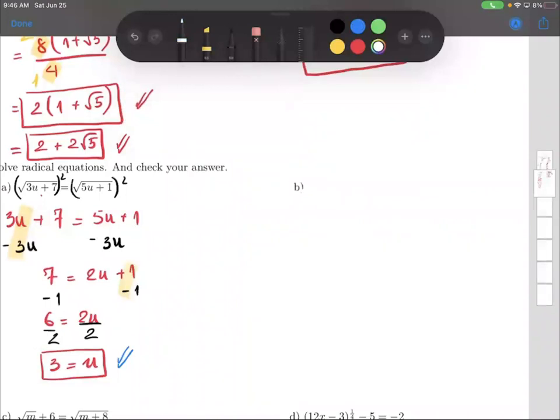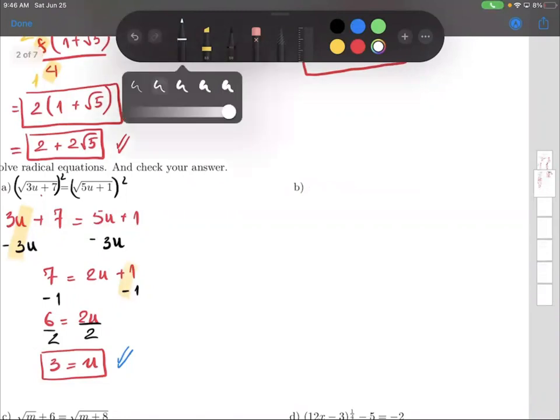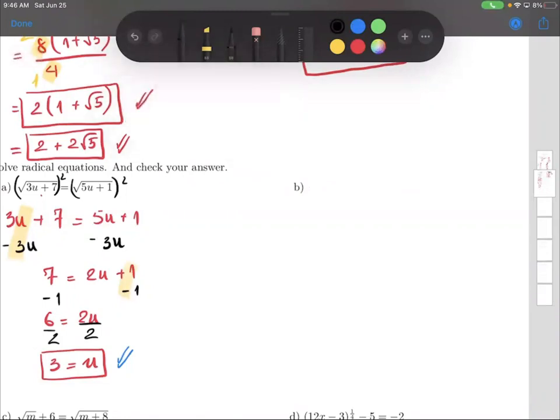Let me rewrite the whole equation. It's square root of x minus 1 plus 2 equals square root of 2x plus 6.